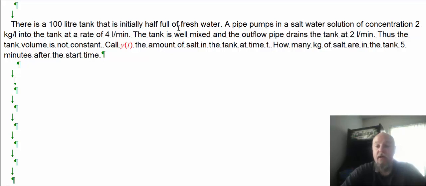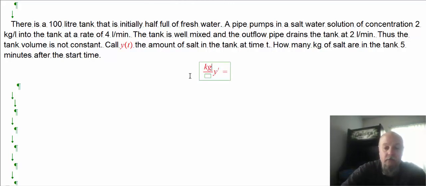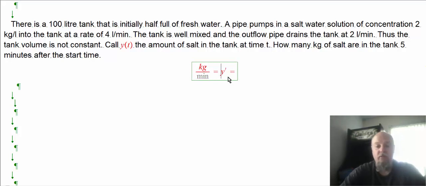If I stop now and say, all right, we got 2 kilograms per liter and 4 liters per minute, I remember our y is the amount of salt, so our y prime would be equal to in minus out, and this y prime would have the units of kilograms per minute, because it's y prime, it's dy divided by dt.